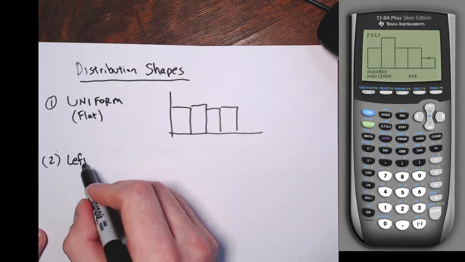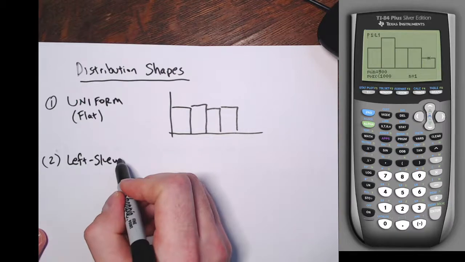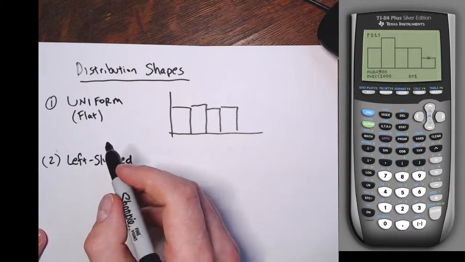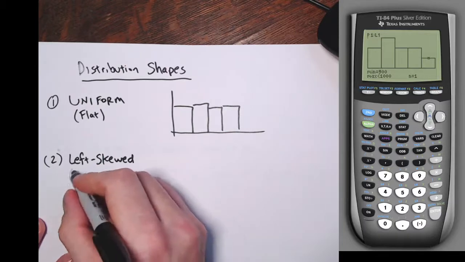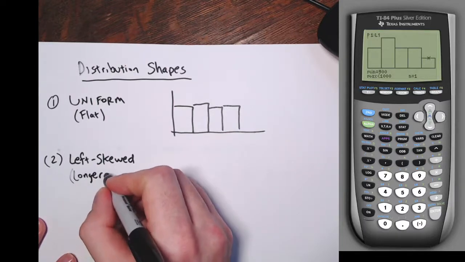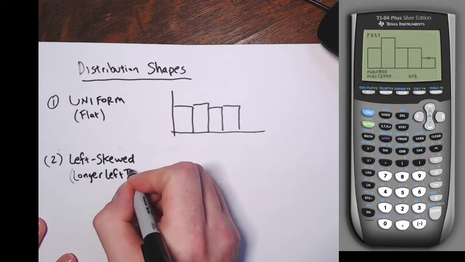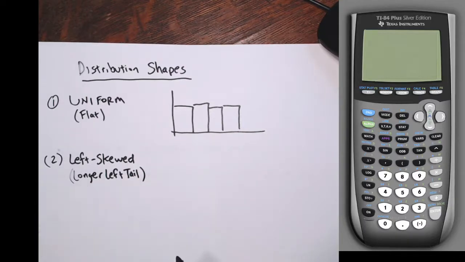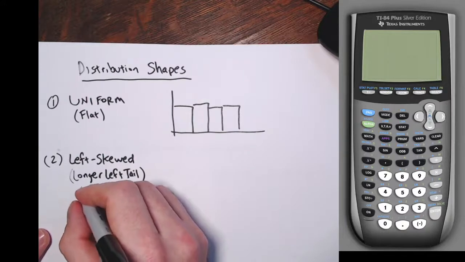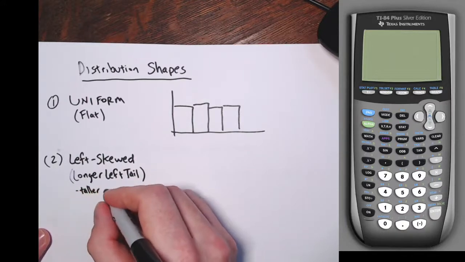Left skewed means it has a longer left tail, or it's taller on the right. It sounds weird, but taller on the right.